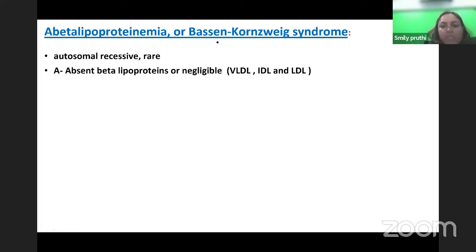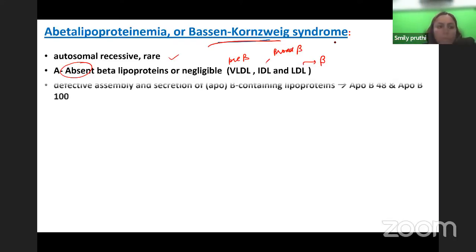Okay, so this is Bassen-Kornzweig syndrome, autosomal recessive and a rare disorder. A-beta means absent beta lipoproteins, that is VLDL, IDL, LDL. VLDL is pre-beta lipoprotein. IDL is called broad beta lipoprotein. LDL is called beta lipoprotein.